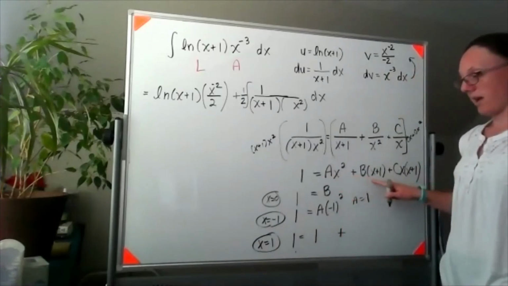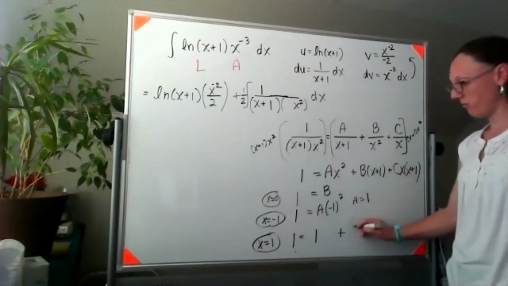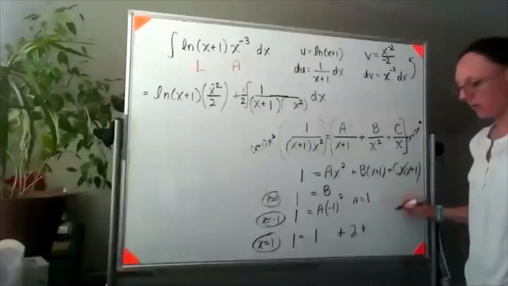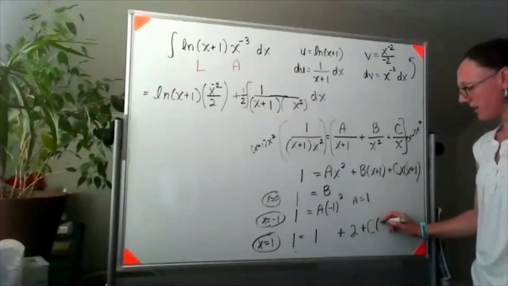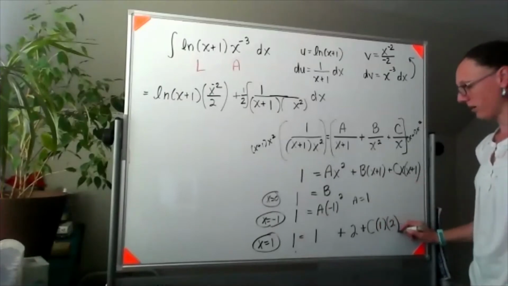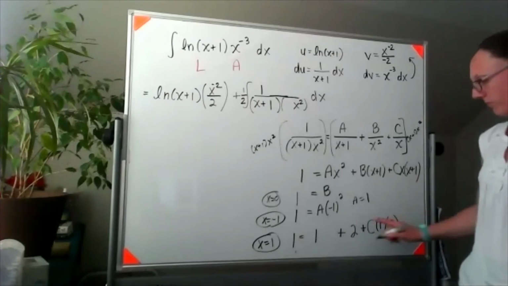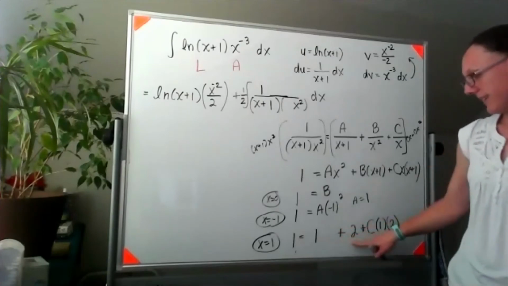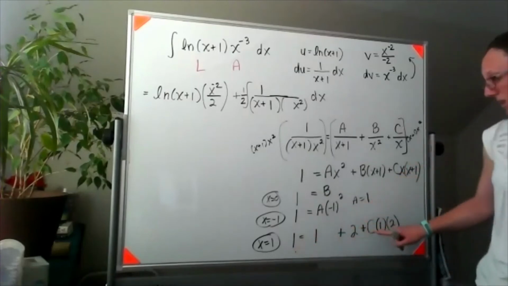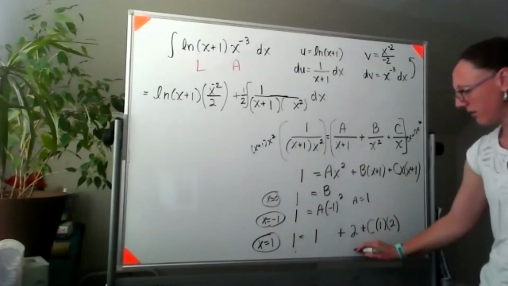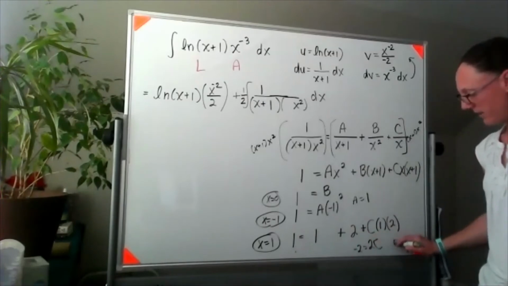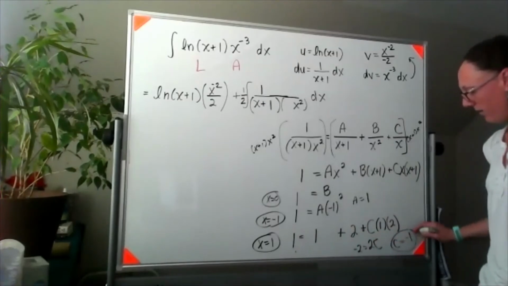B is 1, and 1 plus 1 is 2. And then at the back, I'll have C times 1 times 1 plus 1, or 2. Rearranging that, when I subtract it over, I'll have -2 is equal to 2C. And if -2 is equal to 2C, C should be -1.